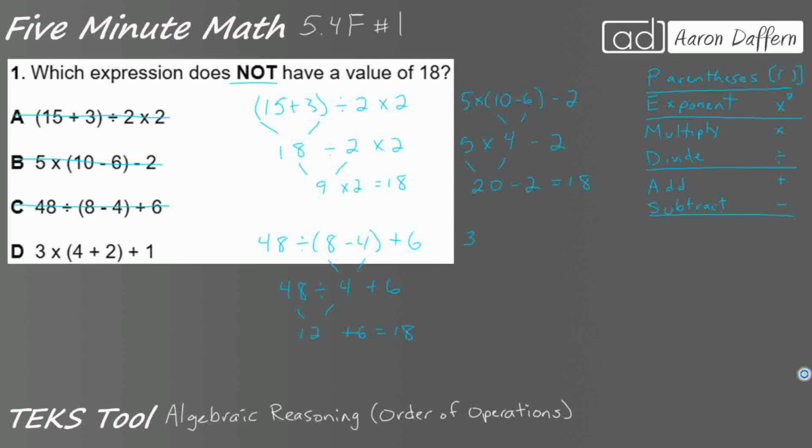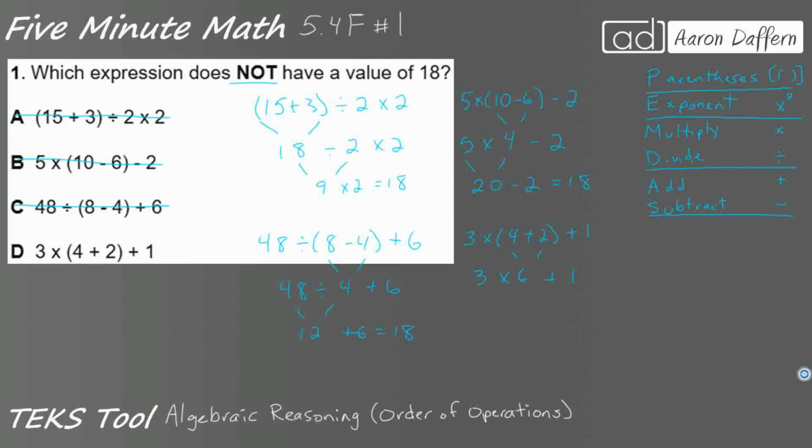So 3 times the quantity, 4 plus 2 plus 1. All right, so we are going to look at the parentheses first. 4 plus 2, that's going to make 6. Oh, yep, I could tell that's going to be a little bit too big because look, 3 times 6 is what we're doing next.